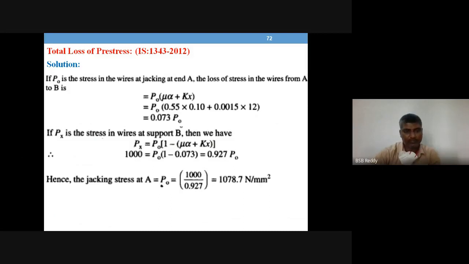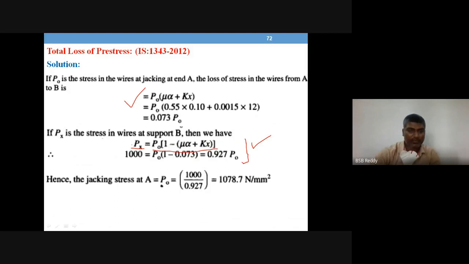Now, we have a formula Px is equal to P naught into, forget about this one, that's not necessary. Or else you can straight away substitute it here if you want. Instead of writing this step, you can extend this procedure. P naught into 1 minus mu alpha plus Kx.